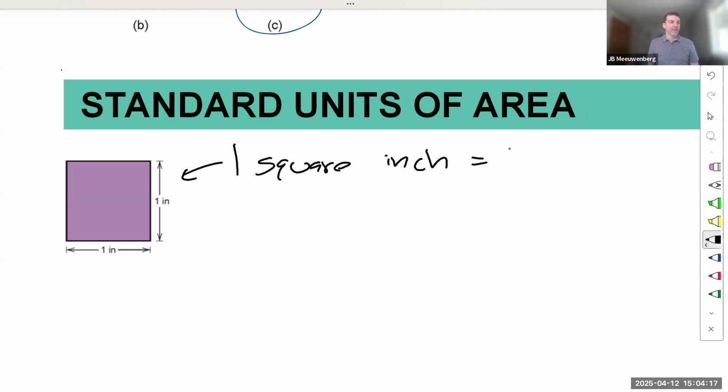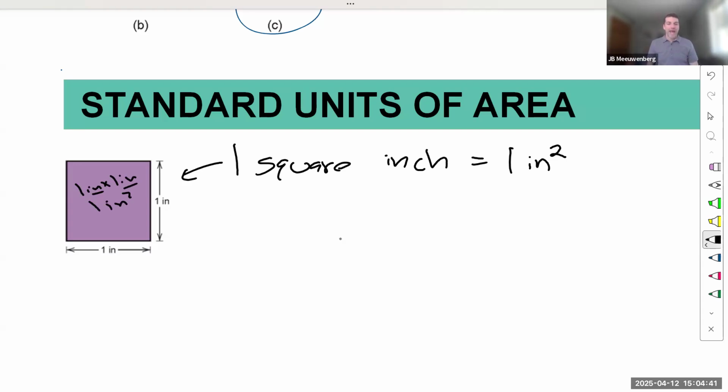We often abbreviate it, as I mentioned in the previous section, as 1 inch with a little 2 for the square. Where do we get that? When you're finding the area, you multiply 1 inch by 1 inch. 1 times 1 is 1, and inch times inch is inch to the 2nd power. So this is 1 square inch.